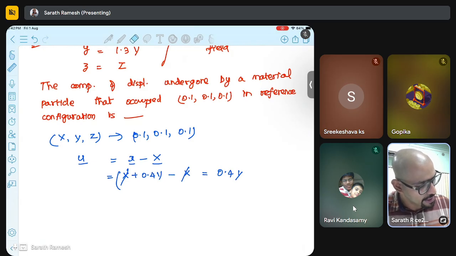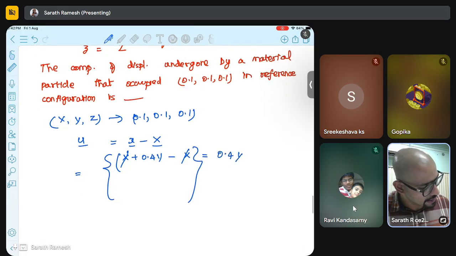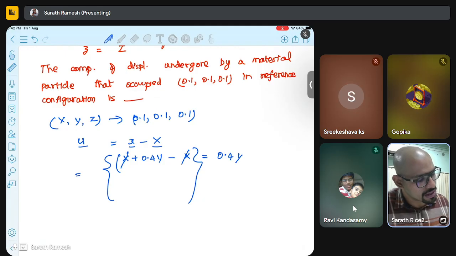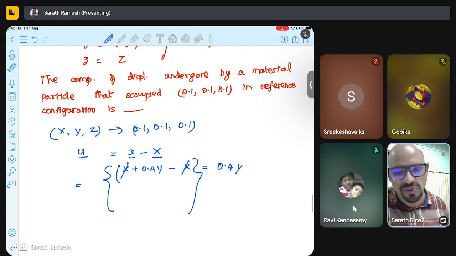Let me write in terms of a vector, that is more compact and good. Usually this is the vector representation that we follow in this course. So let me write in terms of column vector.